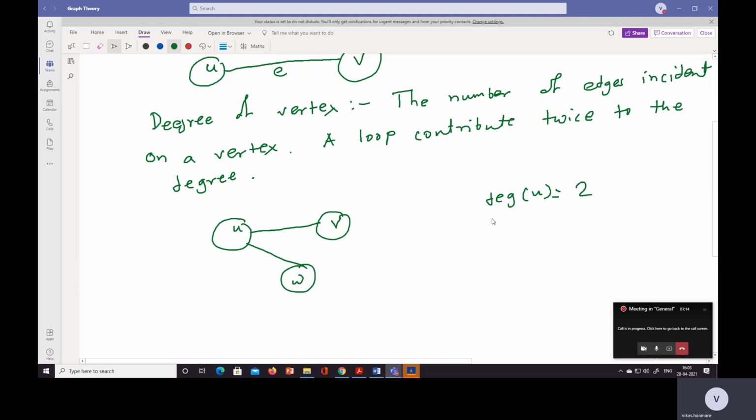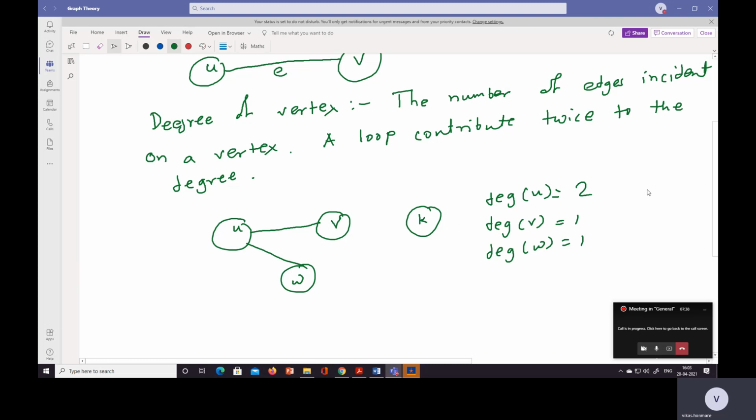Then the degree of V: how many edges are incident on this V? 1. In the same way, the degree of W is also 1. And suppose one more vertex K is there, which is not connected with any edge.